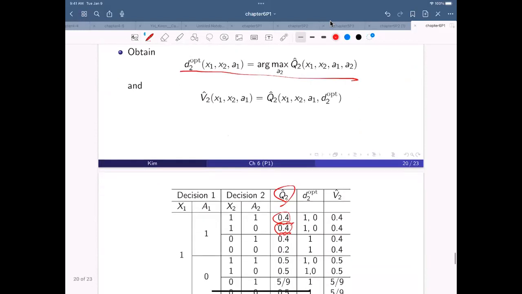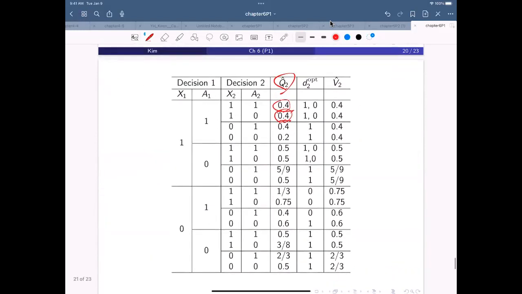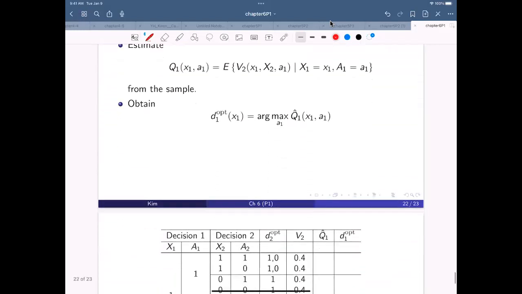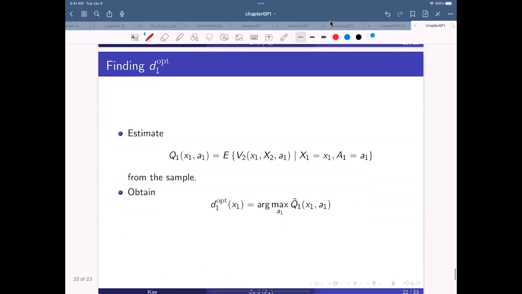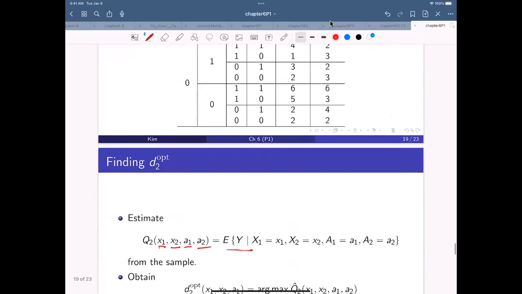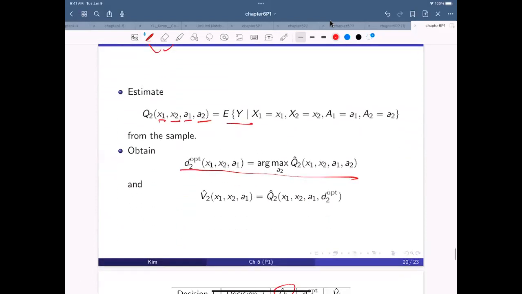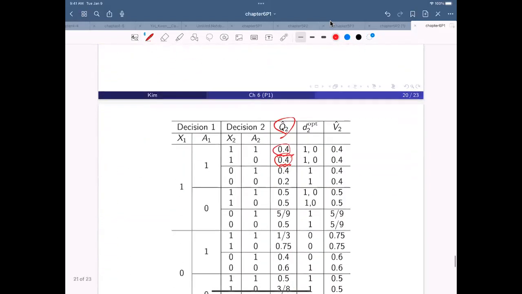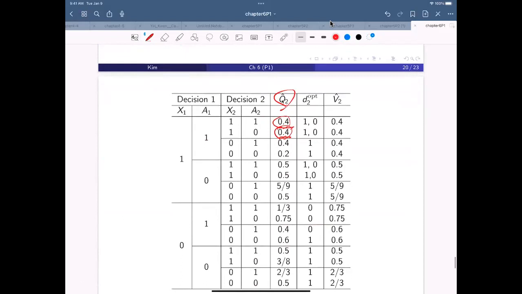Well, you guys can use this, for example, and see whether you can obtain it. So basically finding the optimal D2 is relatively easy because you basically have a local comparison. For each one, you just compare T2 and then choose the better one, and then use that to compute the V2.